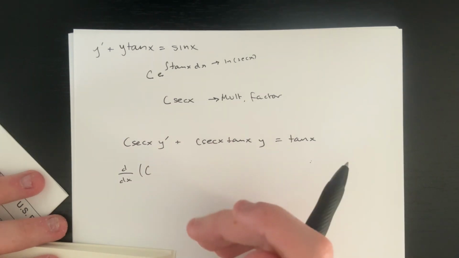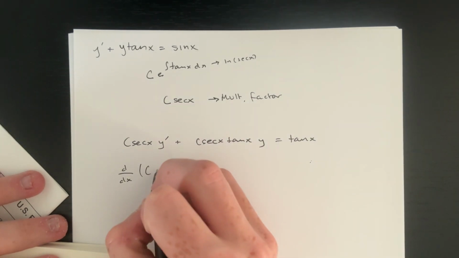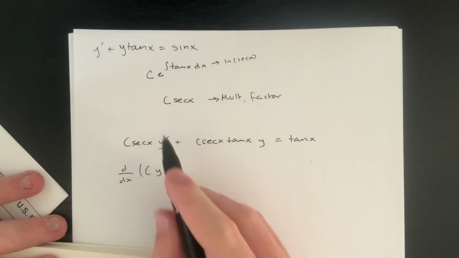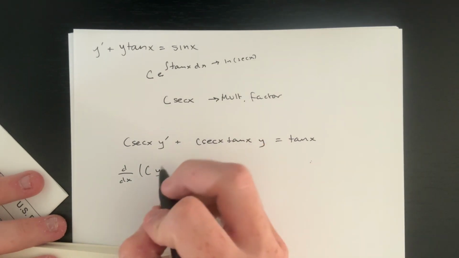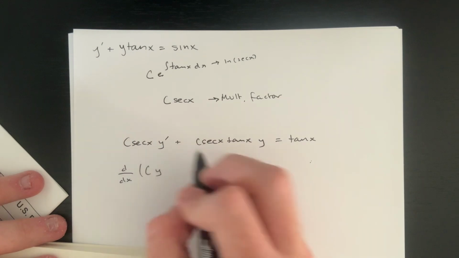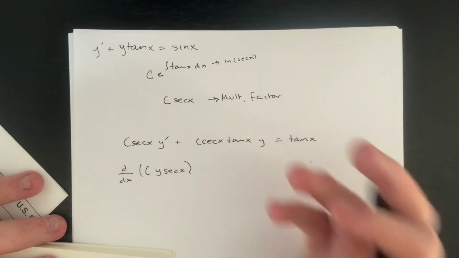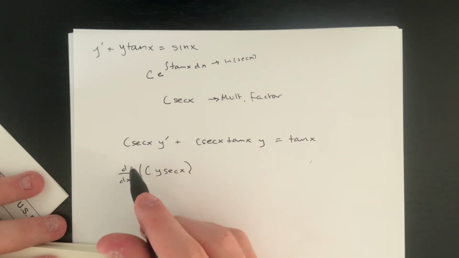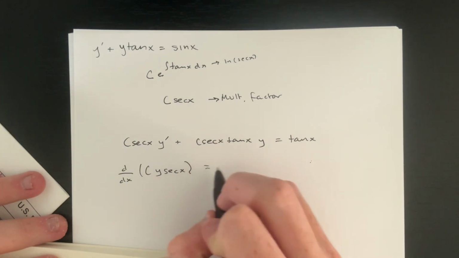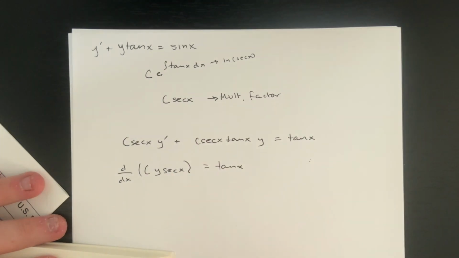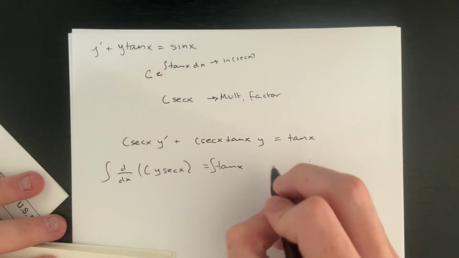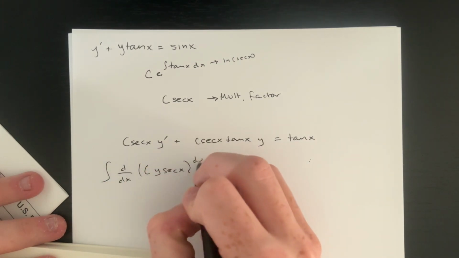So we got the constant times y, because we know we're going to have a y prime term and a y term. And then we know derivative of secant x is a secant tangent. So we're going to have y secant x. And you can verify this gives you that. Equals tangent x.